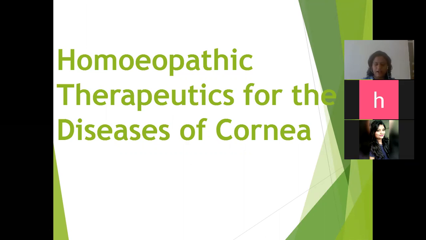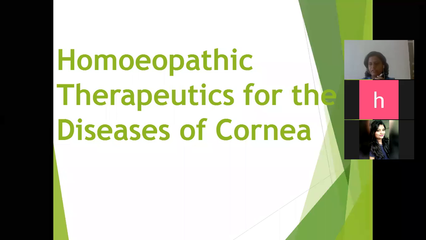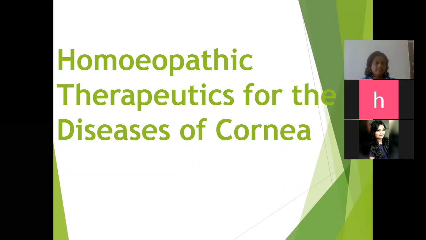We will see how homeopathic remedies are useful in these cases, and how they characteristically treat diseases of the cornea like corneal ulcer, keratitis, disciform keratitis, herpes zoster ophthalmicus, hypopyon ulcer, leukoma, nebula, and macula. This is all about today's lecture.